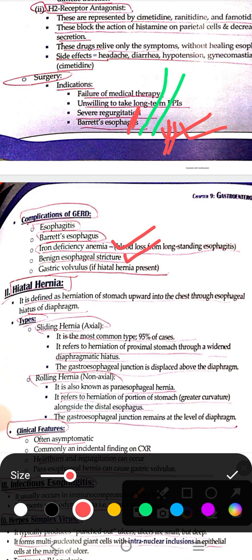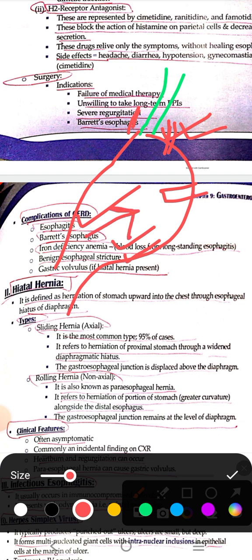We have discussed the stricture, we have discussed the esophagitis. And number three is that, as I said before, there is columnar epithelium in the stomach, but stratified squamous epithelium in the lower portion of the esophagus. And the gastric juice will cause no damage to the mucosa of the stomach, right?